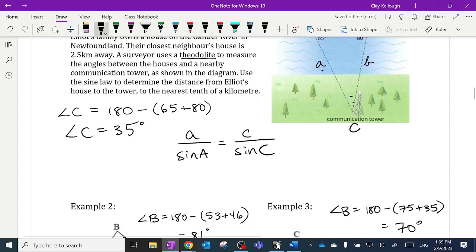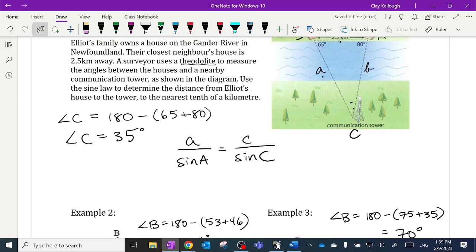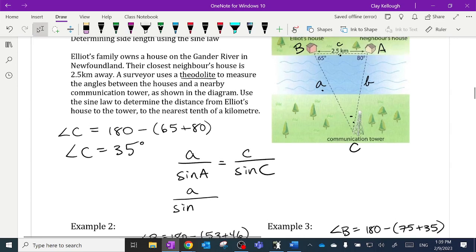So that's why I'm doing it this way. All right, let's put in the numbers. So side A is what we're looking for, and angle A is the 80-degree one. C is the 2.5 kilometers, and angle C is the one we figured out down here. I might as well label it 35 degrees. Oops, sine 35 degrees.